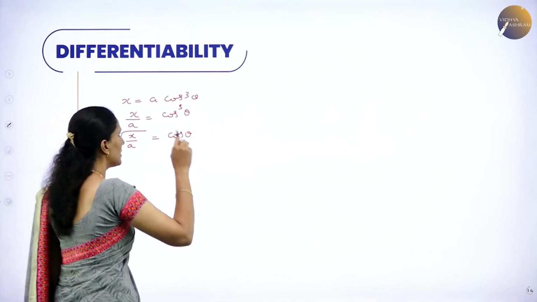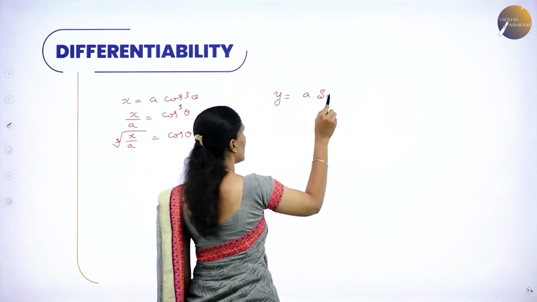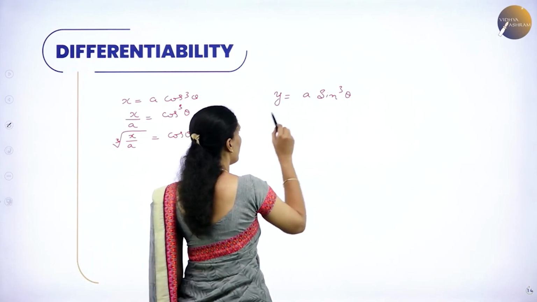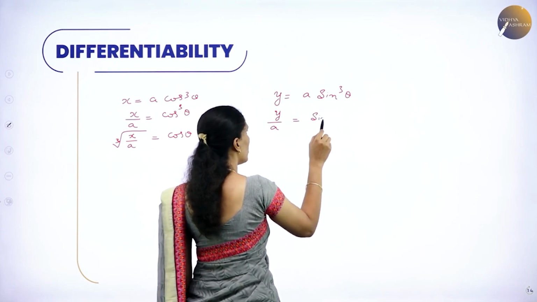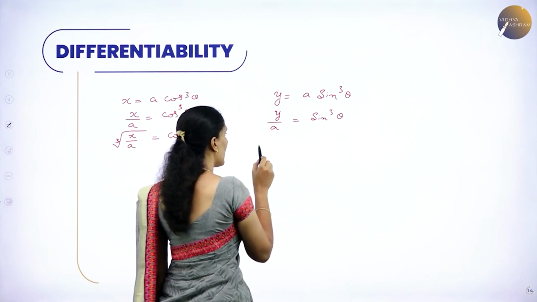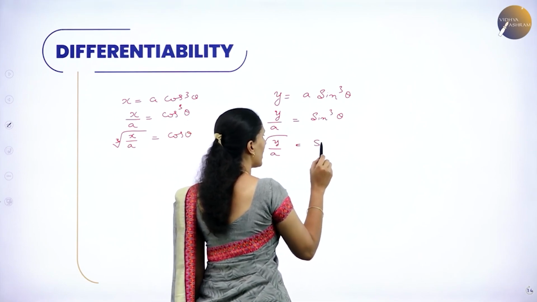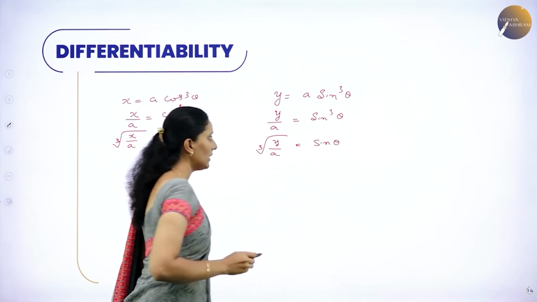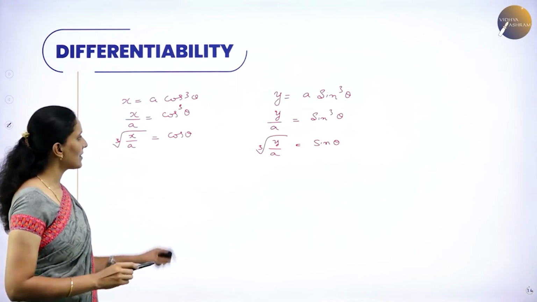Similarly, we have y is equal to a sin cube theta. So therefore y by a is equal to sin cube theta. This implies cube root of y by a is equal to sin theta. So in the place of sin theta and cos theta, replace this value.